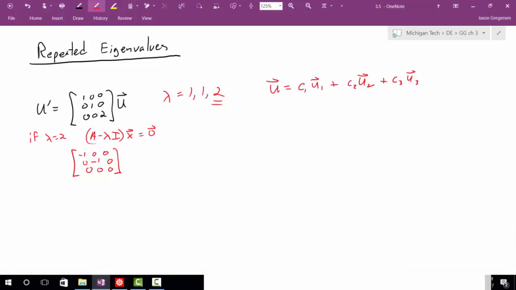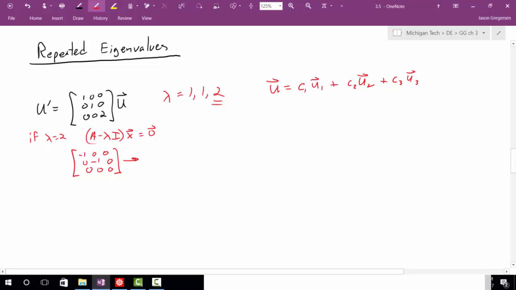Remember, this is really times the vector x1, x2, x3 equal to 0. But I don't write that because I'm augmenting with 0, and it basically comes out to row reducing this anyway. And actually, with this one there's not really any row reduction to do.